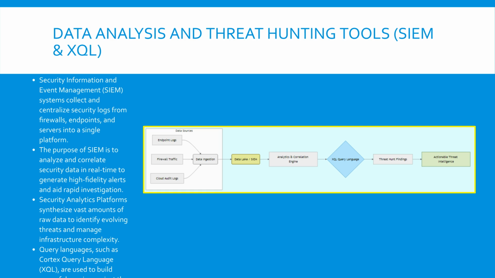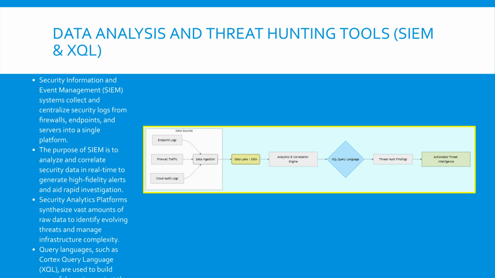This diagram illustrates the flow of data used for advanced threat analysis. We begin with the three main data sources: logs from endpoints, traffic data from firewalls, and audit records from cloud providers. This data flows through a centralized ingestion process and is stored in the data lake, which is often a SIEM system. The analytics and correlation engine processes this centralized data, looking for patterns and linking related events.